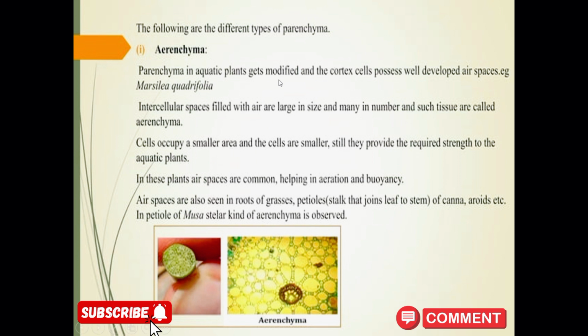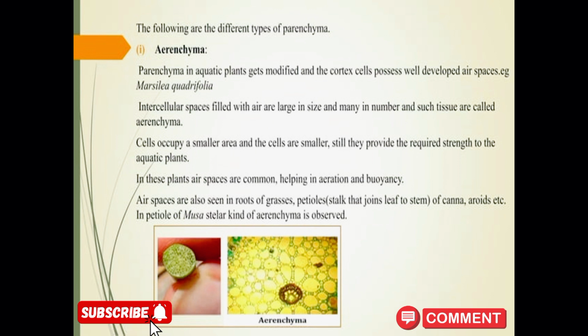Parenchyma in aquatic plants gets modified and the cortex cells possess well-developed air spaces, for example in Marsilea quadrifolia, Lemna species, as well as in Eichhornia. Aerenchyma is abundantly present in aquatic plants. In these plants, air spaces are common, helping in aeration and buoyancy. Buoyancy means they are used for balancing.